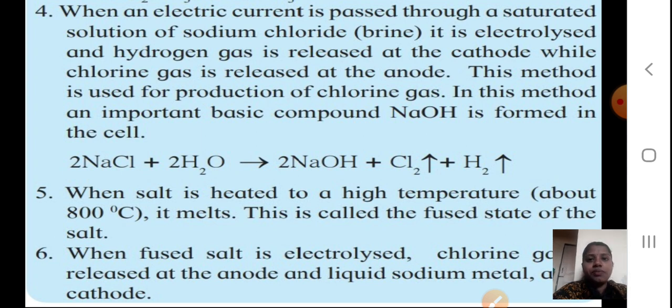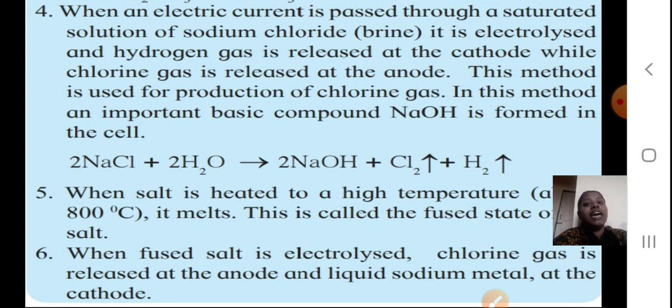Chlorine gas. Fifth point: when salt is heated to a high temperature, about 800 degrees Celsius, it melts. This is called the fused state of salt. What will you call it, students? Fused state of salt. When the fused salt is electrolyzed, chlorine gas is released at the anode and liquid sodium metal at the cathode.